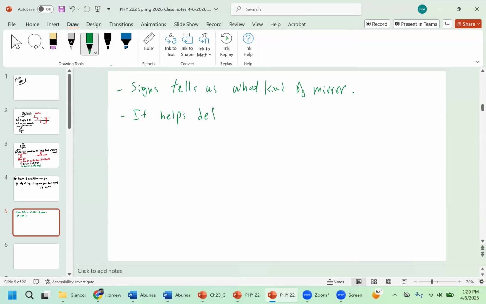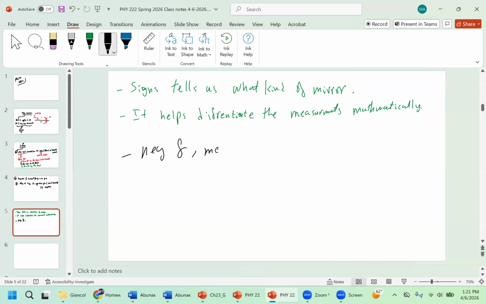It helps differentiate the measurements mathematically. Now, for instance, a negative f, negative focal length, means it's a concave mirror.